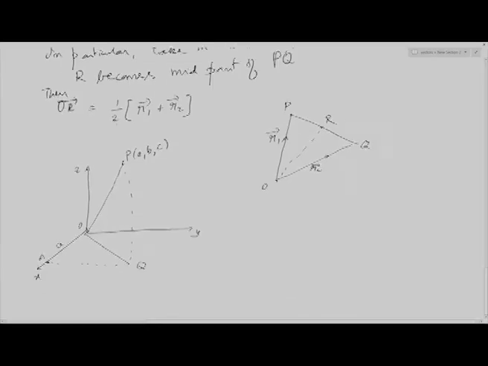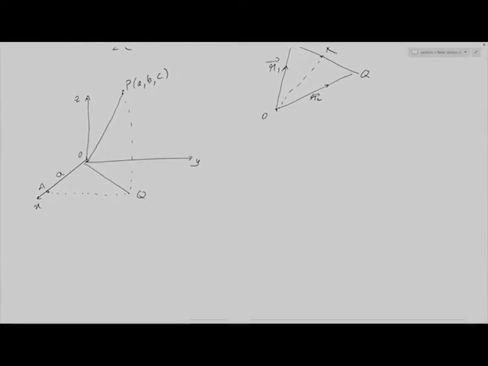Now, if I look at this triangle OAP, and maybe let me represent the position vector OP, it makes an angle, let us say alpha with the positive direction of the x axis, and then the same OP makes an angle beta with the positive direction of the y axis.